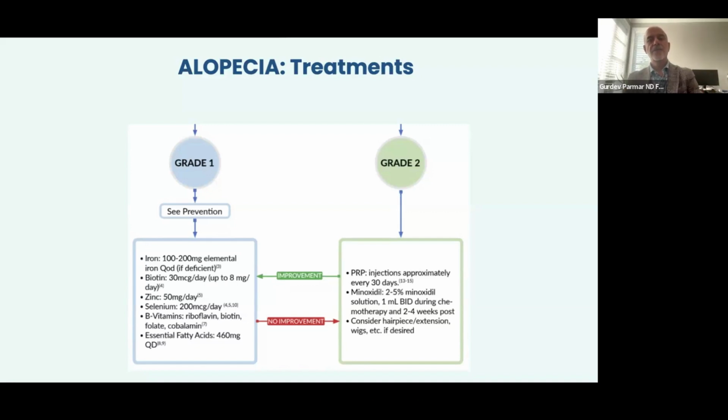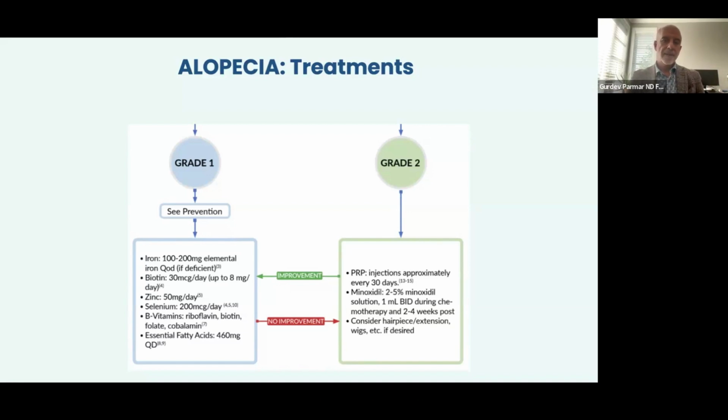If it improves, great. If it doesn't improve, and now they're heading into grade 2, these are the other considerations you might have for your patient. And this is the Integrative Oncology Institute, and this is all about an integrative approach.